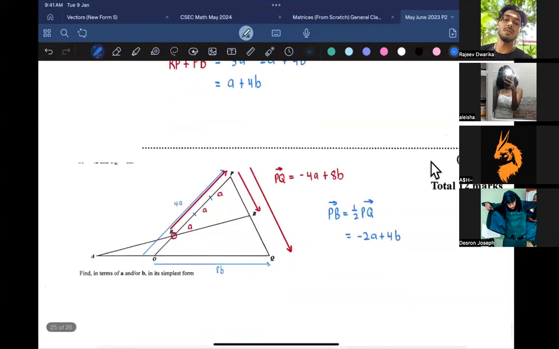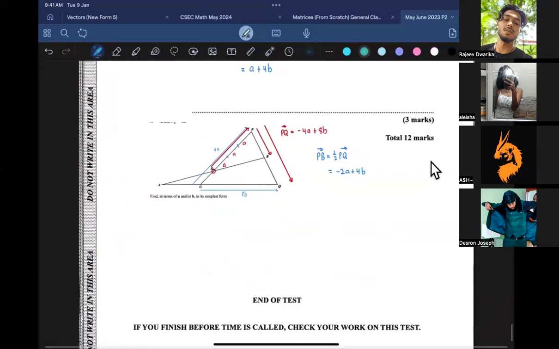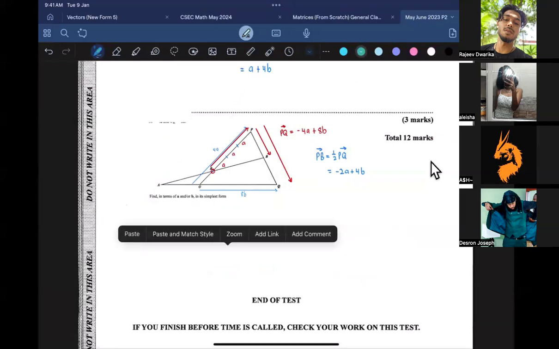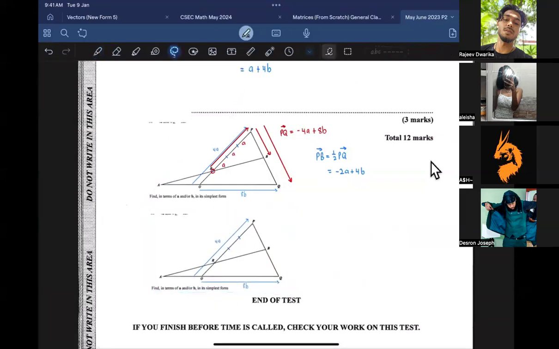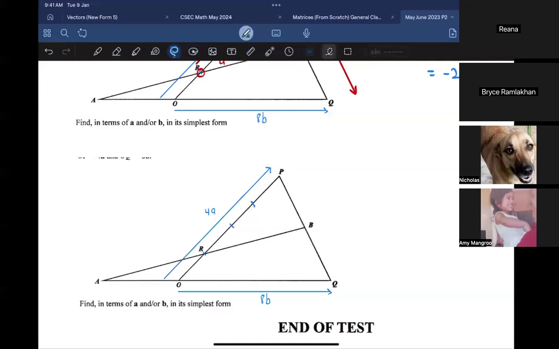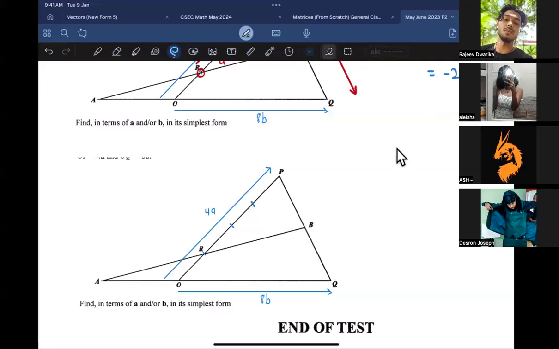Yes, I understand now. That was one way you could have done it. Everybody thinks differently, and that's fine. Let me show you the other way you could have worked it. Nicholas, we're gonna look at the other solution.